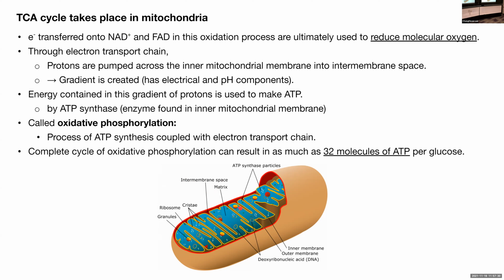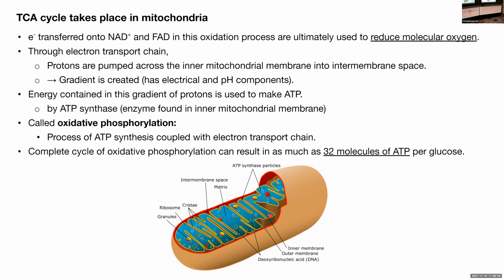There are lots of proteins in this matrix as well as in the inner membrane that pass on the electrons and work for the oxidation. Again, it's generating a lot of energy. So how it works is that protons, like any positively charged molecules, including hydrogen cations, are pumped across the inner mitochondrial membrane into the intermembrane space right here.